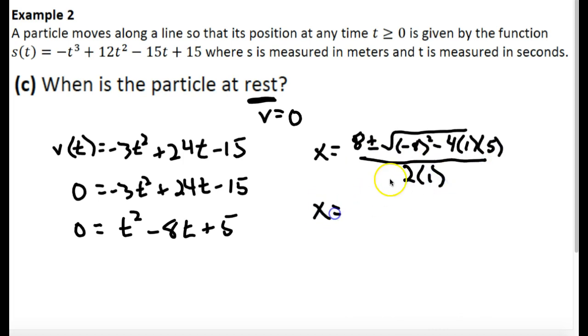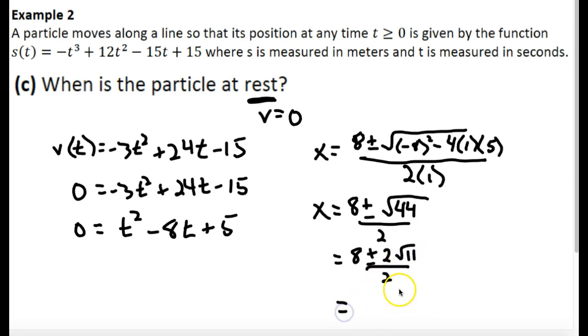So if we simplify, we get x equals 8 plus or minus the square root of 64 minus 20, so 44, over 2. Let's see, I could simplify this a little bit more: 8 plus or minus, this would be 4 times 11, so I could make this 2 radical 11 over 2, and then if I divide everything by 2, that simplifies to just 4 plus or minus the square root of 11.